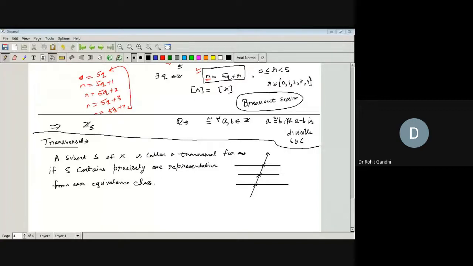So I will say that the subset S, that is known as our transversal, right?